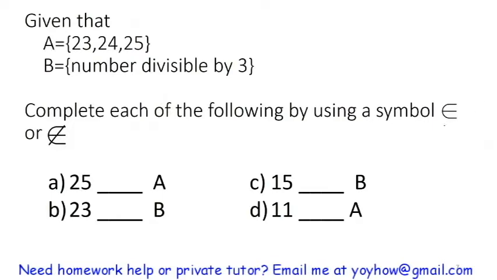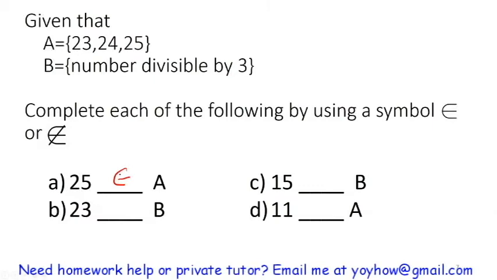This one is element, and this is not an element. We look at the first one, 25. We look at set A. Is 25 one of the elements in set A? Yes, it is, right? So we put this sign here, and then we go to B. So B, 23, set B, numbers divisible by 3.